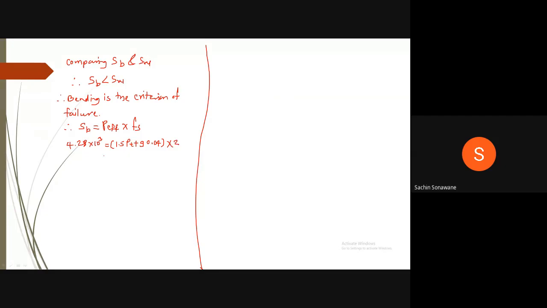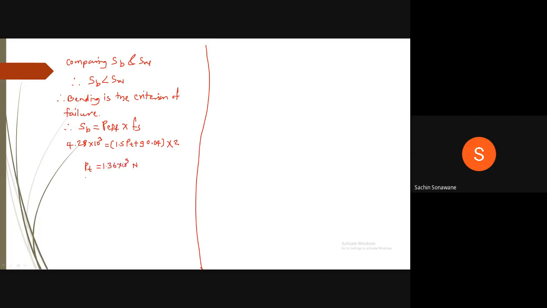Therefore, from this equation calculate PT, tangential load, in Newton. 1.36 into 10 raised to 3 Newton.